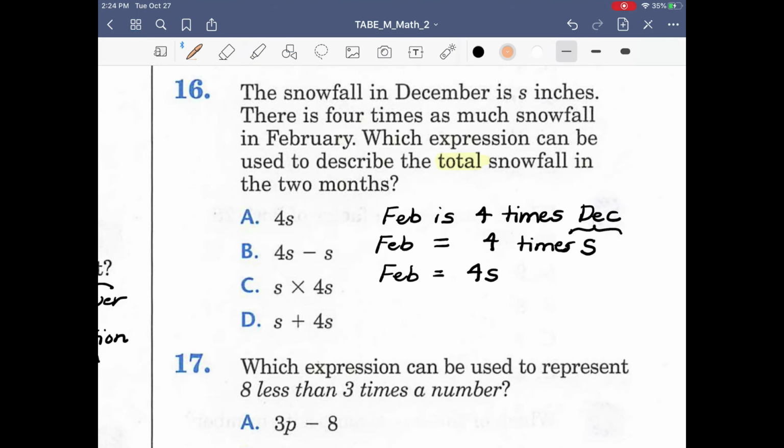They want to know February, which we just found to be 4S, plus December, which we know to be S. So 4S plus S would be the answer we're looking for, and that is D.